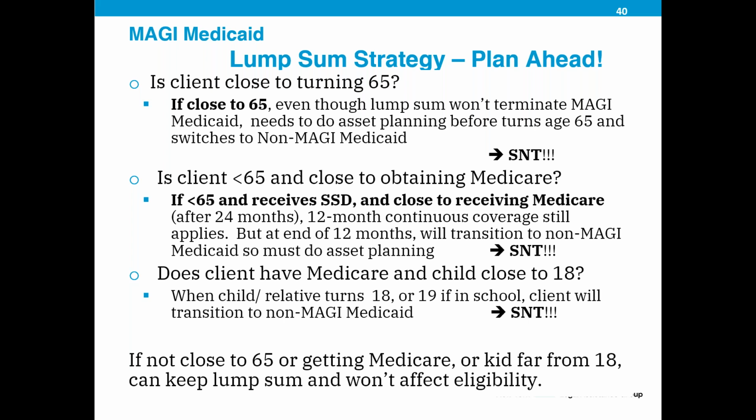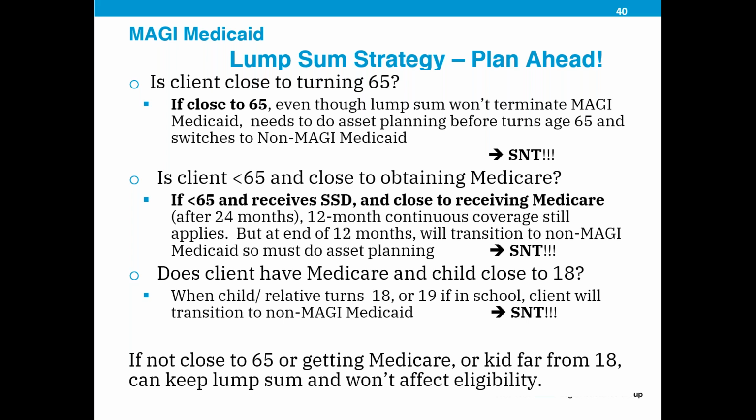Now, for MAGI Medicaid, you also have to be thinking ahead. If your client is 64 and the only thing you remember from this seminar is, great, a lump sum doesn't count as income and there's no asset test because this person's under 65, I'm going to tell them they can just keep it. Well, I would probably call your malpractice carrier because you need to be looking ahead.